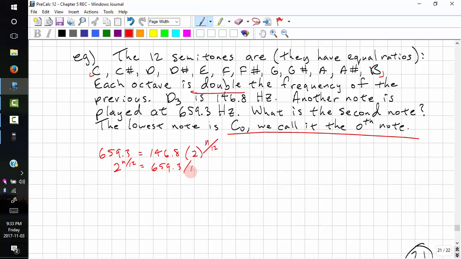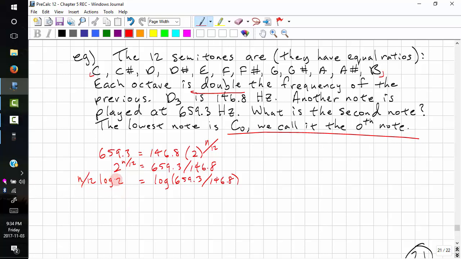659.3 divided by 146.8. We take the log of both sides: n divided by 12, log 2 equals log(659.3 / 146.8). Again, we want to keep doing the algebra all the way till the n is by itself, and then we can use the calculator.